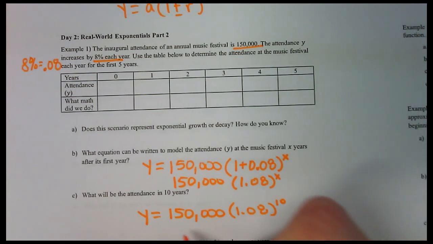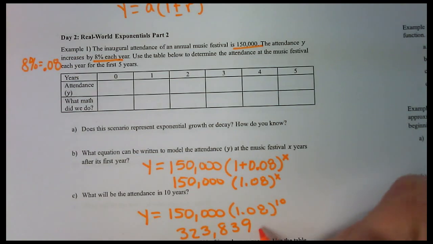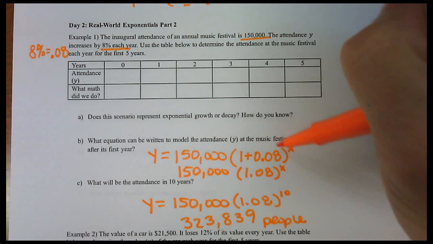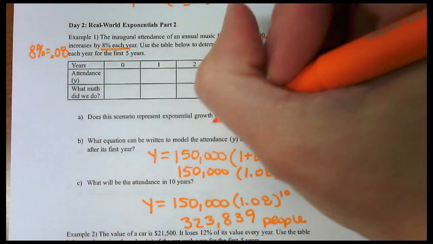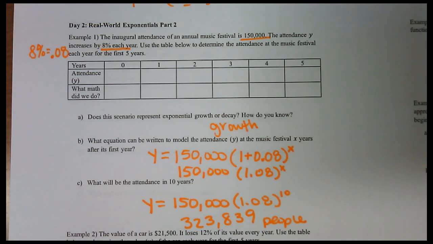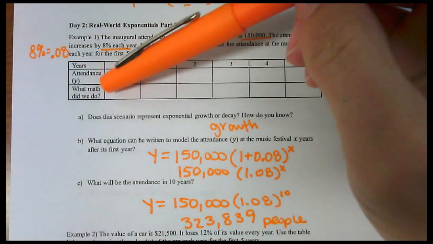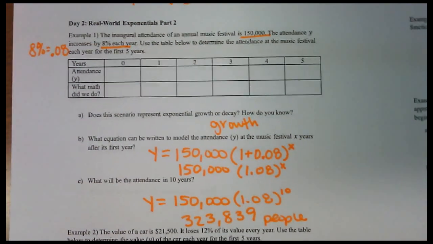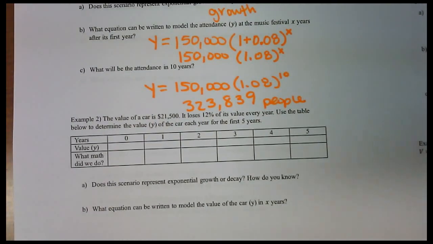So we should end up with, if we round, anytime this number in here is bigger than 1, it's going to be a growth. If it's smaller than 1, it's going to be a decay. I'm not going to go through and do every single one of these. It's the same process over and over.